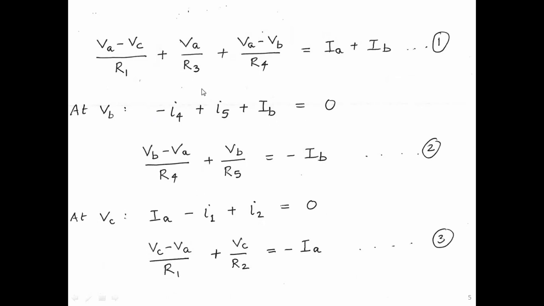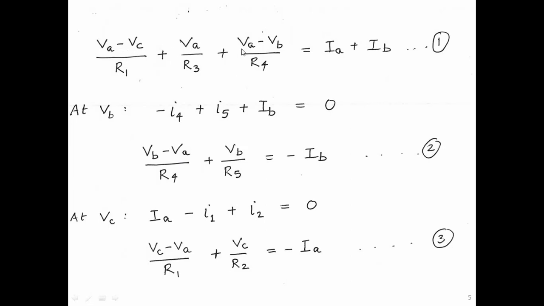Then what we do is, for each of these equations, we'll take the known quantities on the right hand side. So IA and IB are given to us. We'll take them to the right hand side and the unknowns will stay on the left hand side. So we have 3 equations for VA, VB, VC. Then of course we'll combine terms.